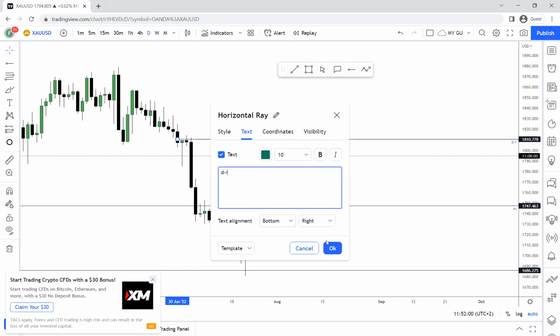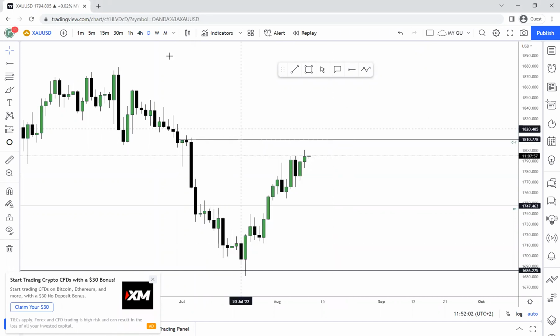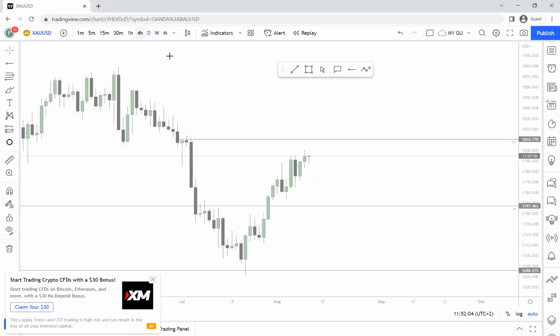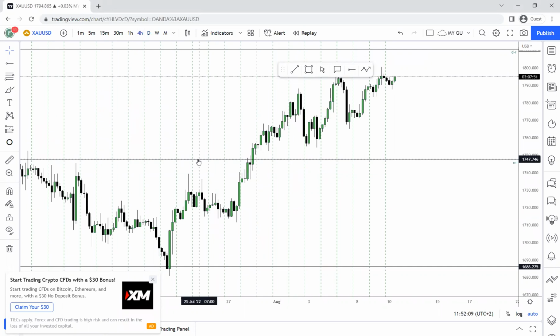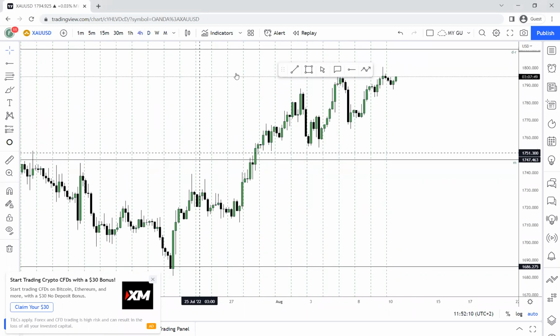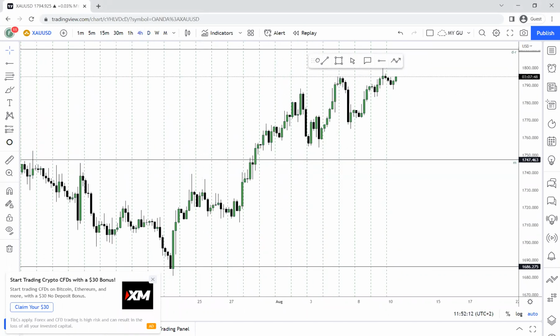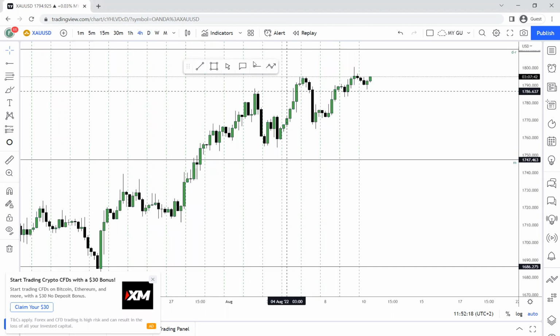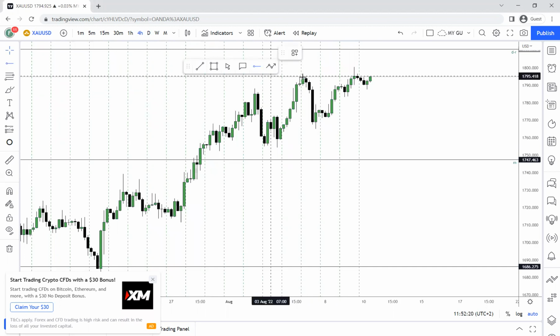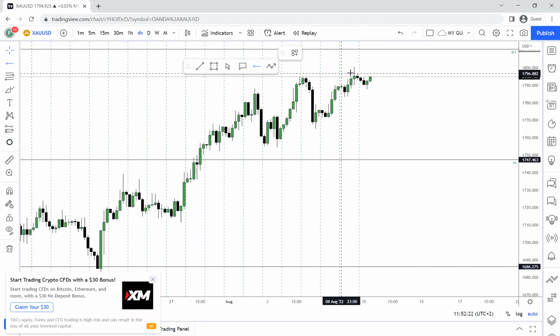Now, since we've done the daily time frame, we have to move on to the 4-hour time frame. Now, on the 4-hour time frame, what do you have? You also do have some sort of a resistance right here.